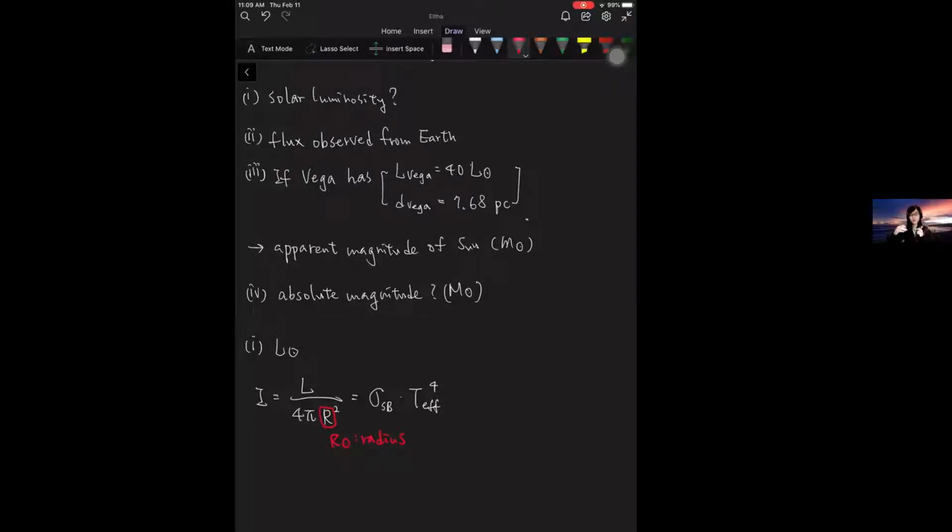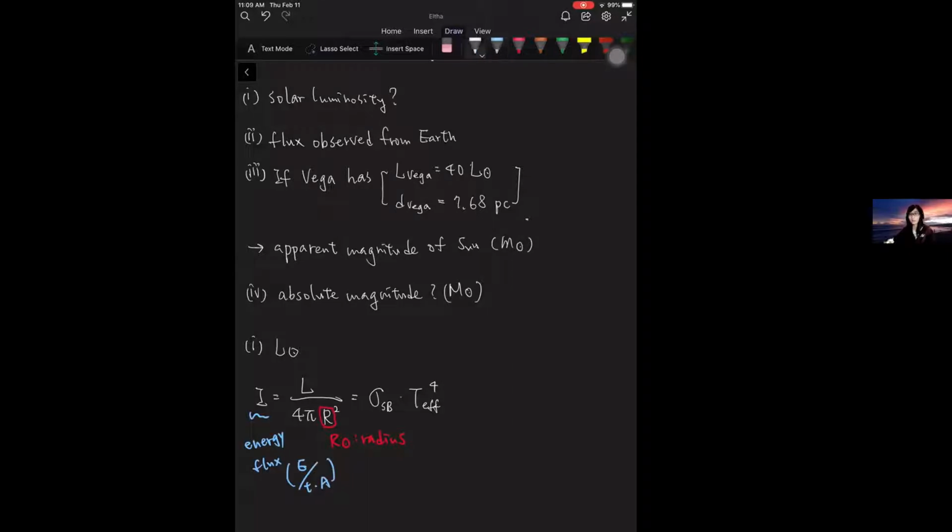So that's why the radius we need to use is the distance. But now we are considering the intensity on the surface of the sun. So we should use the radius of the sun here to relate with the Stephan-Boltzmann relation. Okay, so this one, and also remember that this is the energy flux, and by calling it energy flux, it means the unit is energy per time per area.